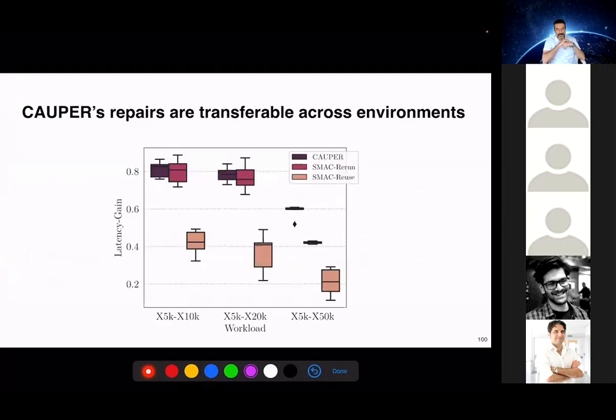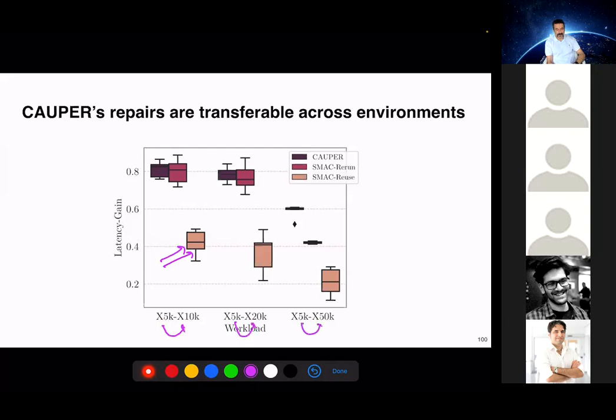And in transfer learning scenarios, we also tried to reuse some of those good configurations from SMAC in the source environment and reuse them for predicting the performance in the target environment. And in all cases, it did really poorly. So the performance gain was not good enough when we moved from one workload to another workload, right?